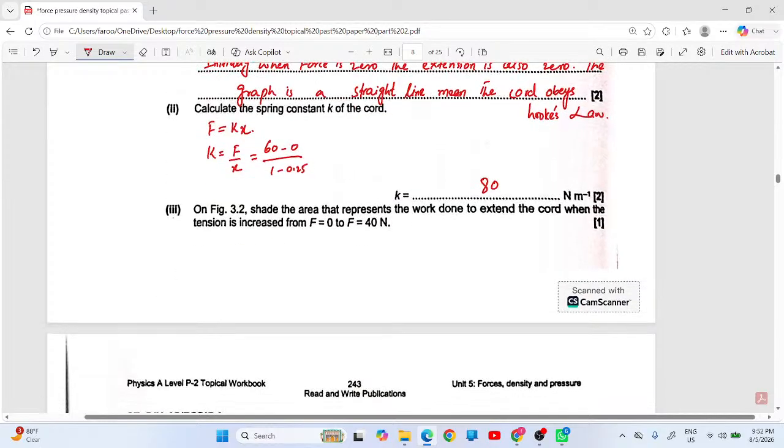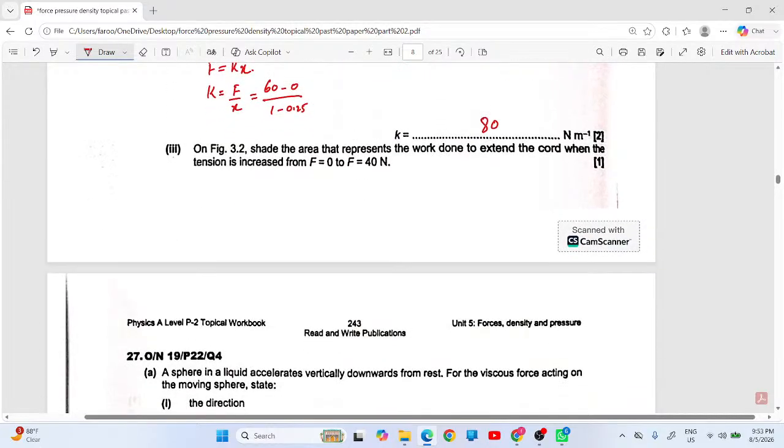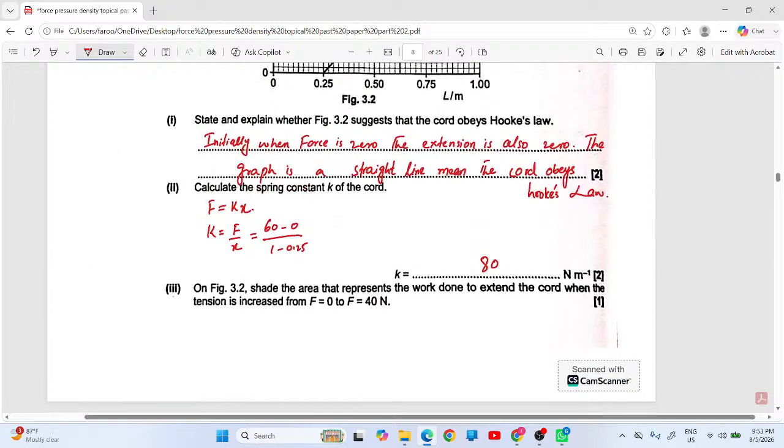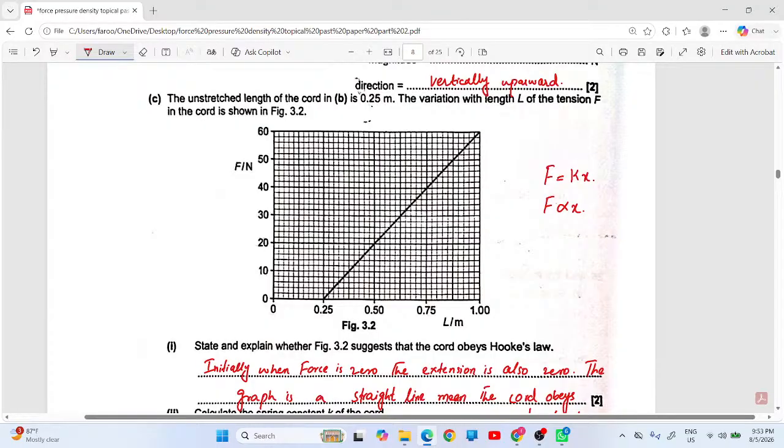Next, on figure 3.2, shade the area that represents the work done to extend the cord when the tension is increased from 0 to 40. So here we have 0, here we have 40. Here is the graph.